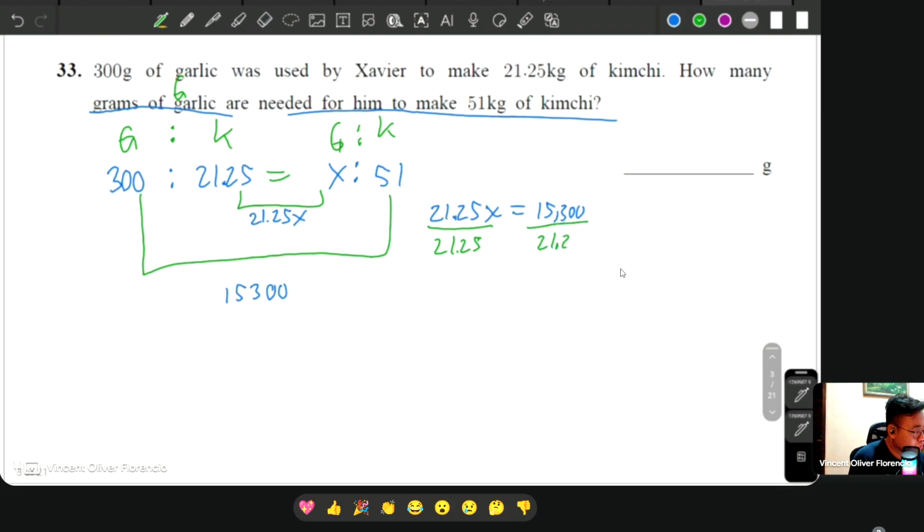What's going to happen? Cancel. x is equal to, just to shorten the solution, you can use a calculator here first, but again, you should practice this one manually. But just to shorten the video itself, if you divide this, you should have 720, and that's the one we're looking for.